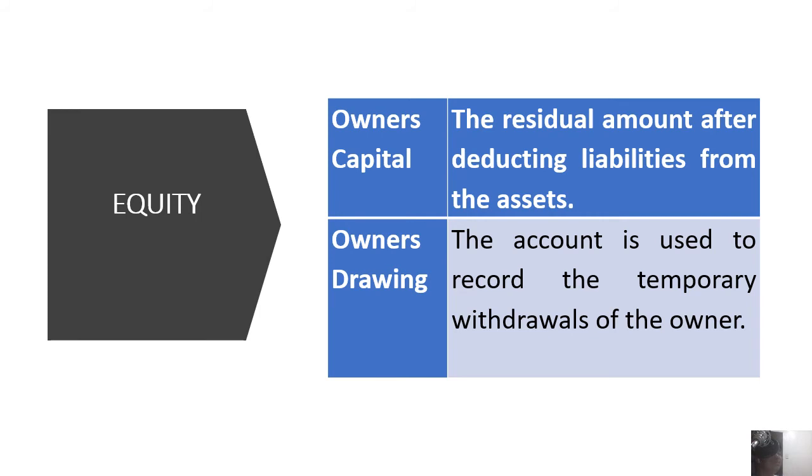Definition ng equity. So, sabi nga natin, yung equity at capital ay parehas na. Residual amount, kung magkano yung natira sa assets after mong ibawas yung liability, yun yung capital. So, assets minus liability equals capital.